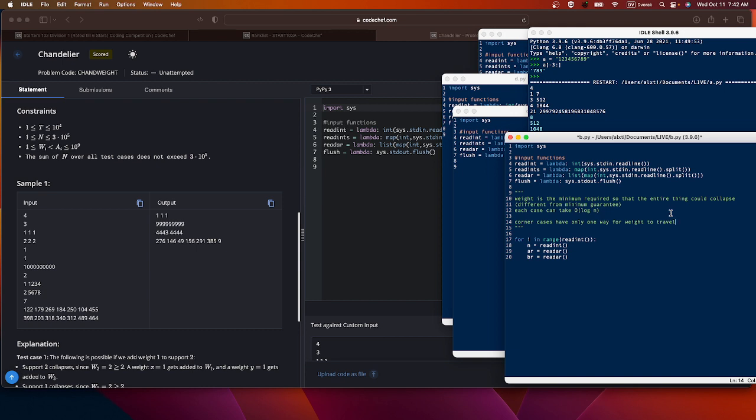Now, if we take anything in the middle, then we pretty much have to raise that singular weight to something high enough so that it passes our lowest and it passes our min required.